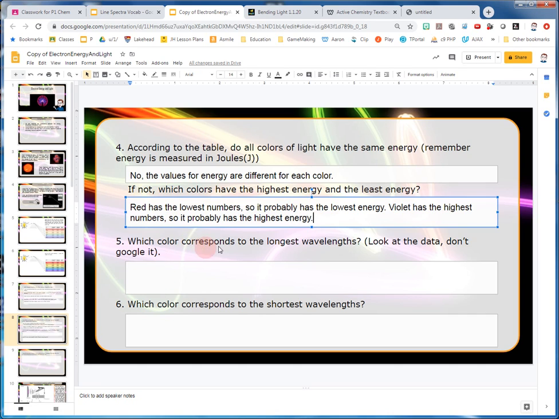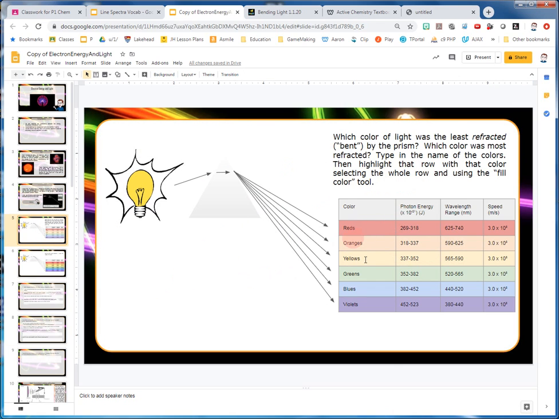Which color corresponds to the longest wavelength? Which one has the longest wavelength? Well, if you were measuring a wavelength to see how big it is, and you got a high number, would that mean that it's short or long?